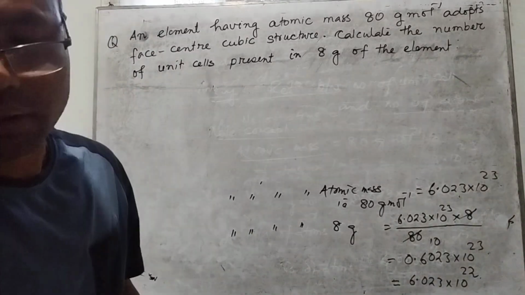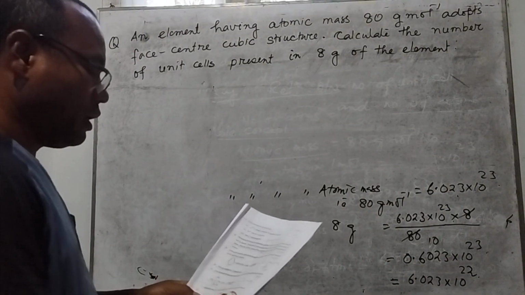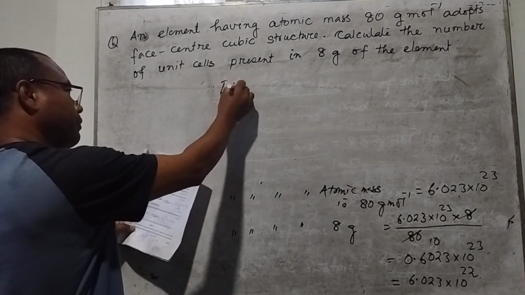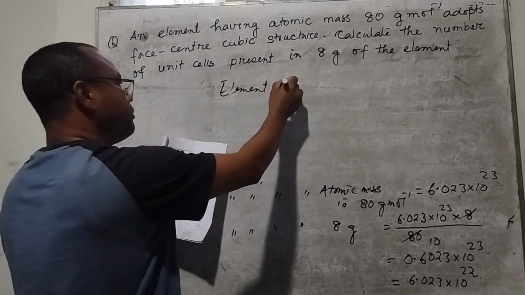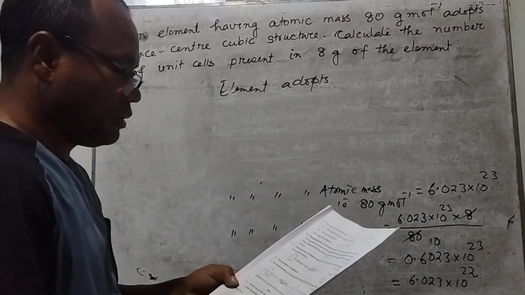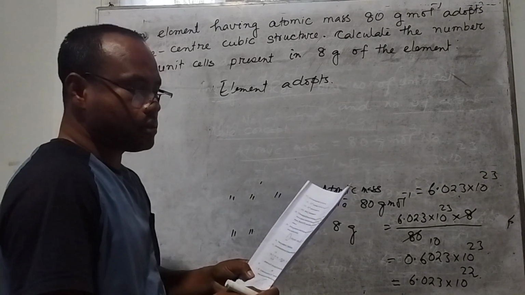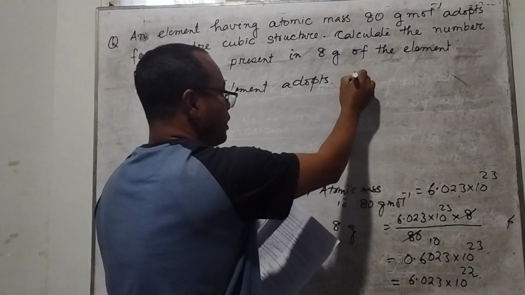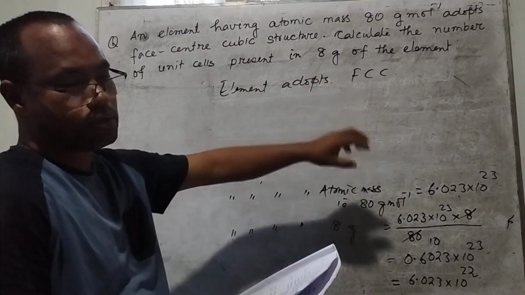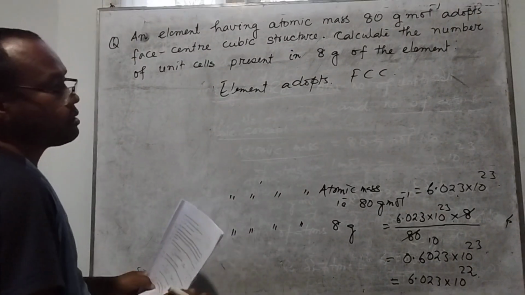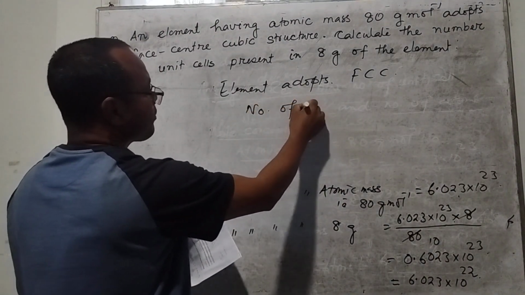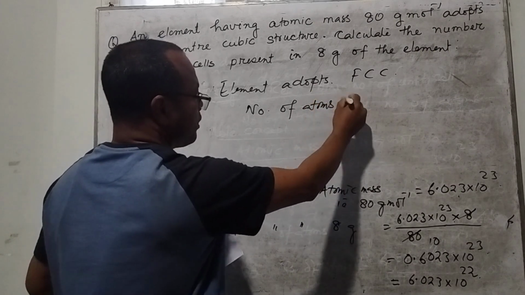How to calculate the number of unit cells? In the question given here, what is the structure of the crystal? That is the face-centered cubic structure, that means FCC. Now, if the element has the FCC structure, what is the number of atoms per unit cell?